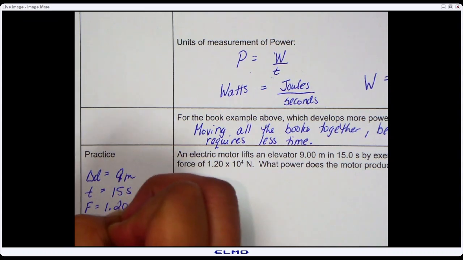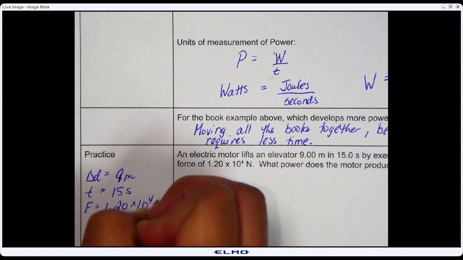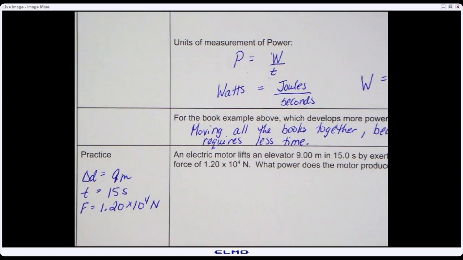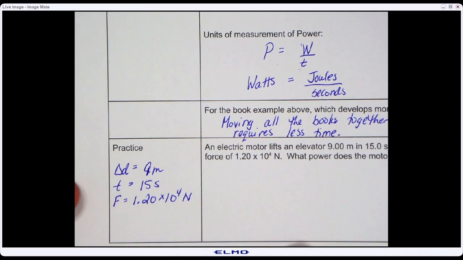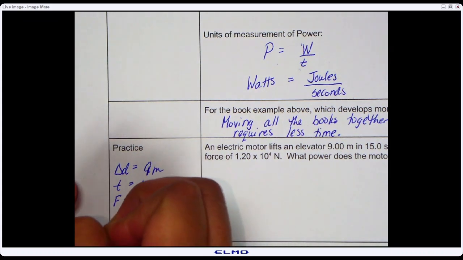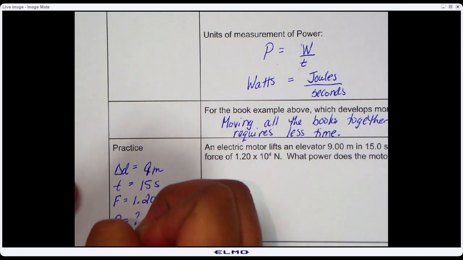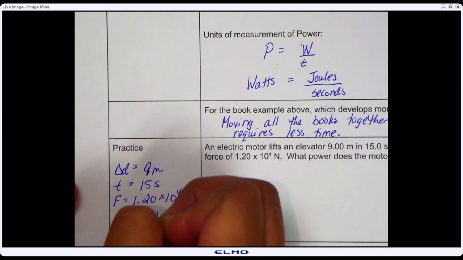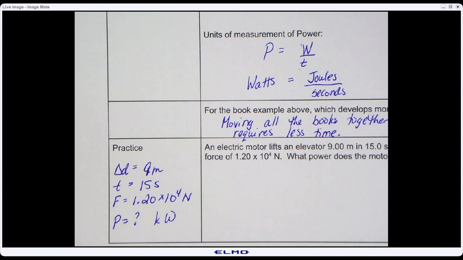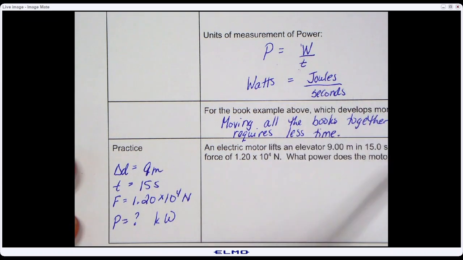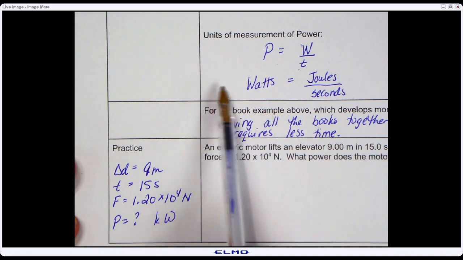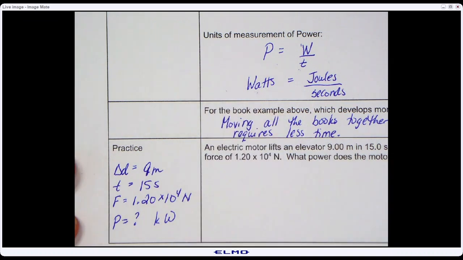And what are we looking for? Power. And this needs to be in kilowatts. Initially, when we're solving for power, our units will come out to be watts. So when you're finished, make sure that you convert it to kilowatts.